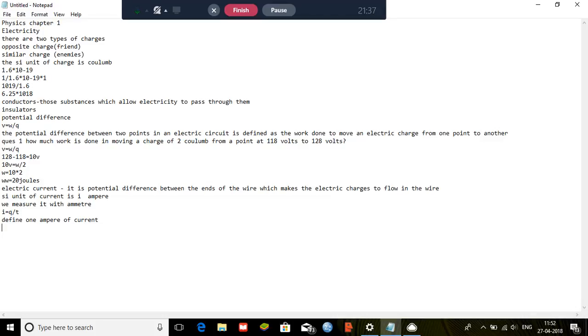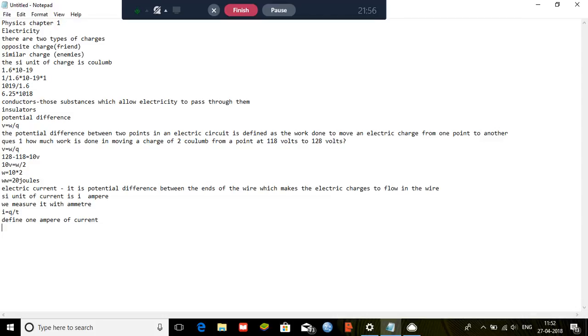And I've already told you that current is measured with an ammeter. Now we get to the point: how to get a continuous flow of electric current.